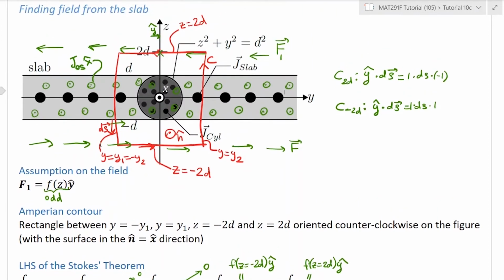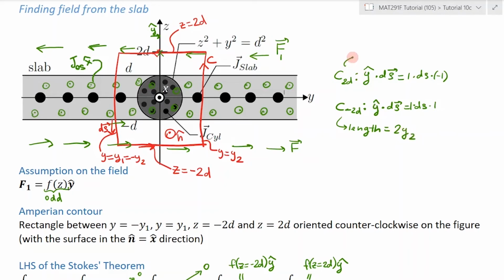So then what I need to do is to get the length of this contour. The length of this contour is equal to, well, this is negative y2 and this is positive y2, so we get 2y2.